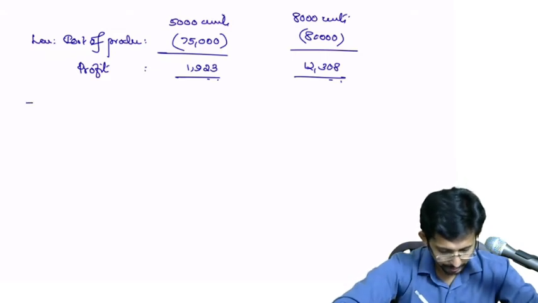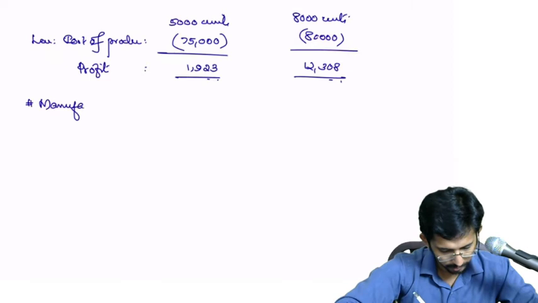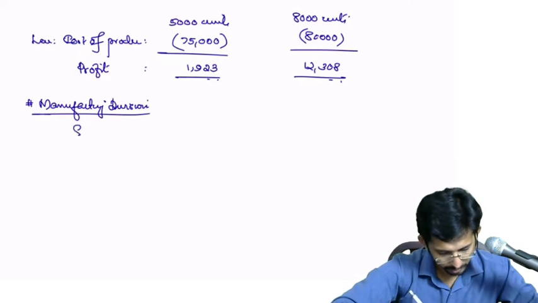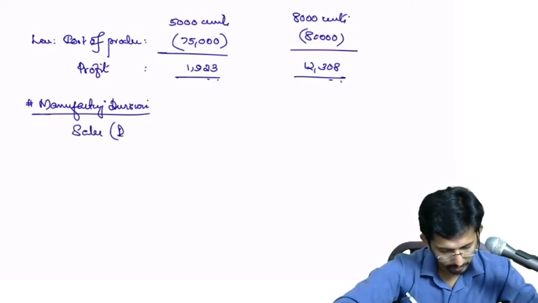Okay, now next is manufacturing division. Sales revenue.